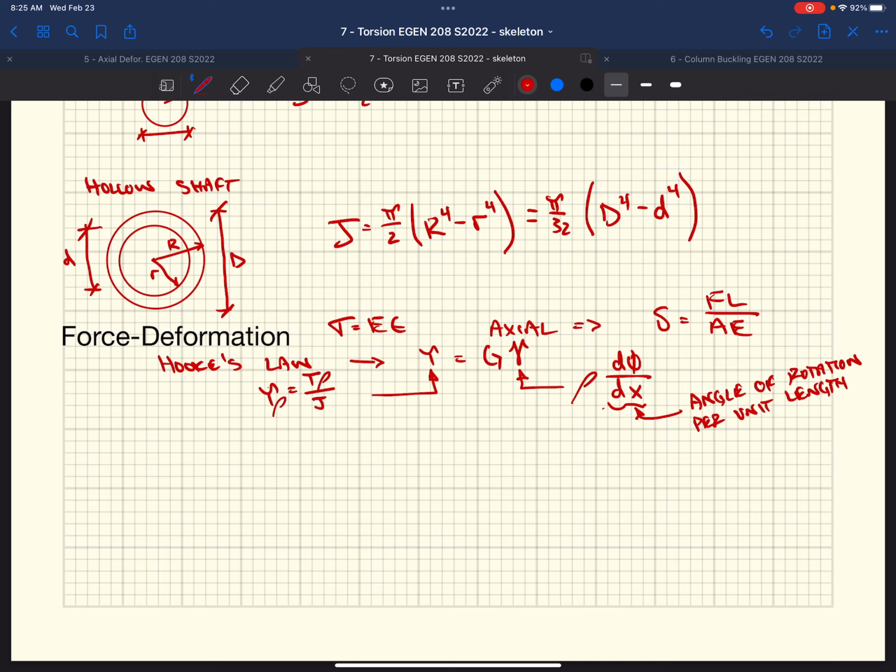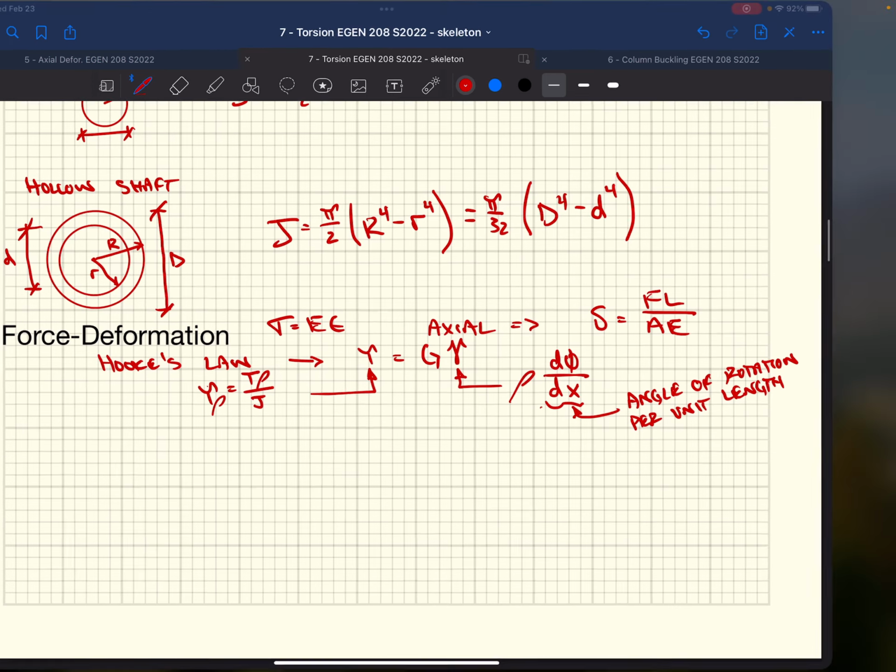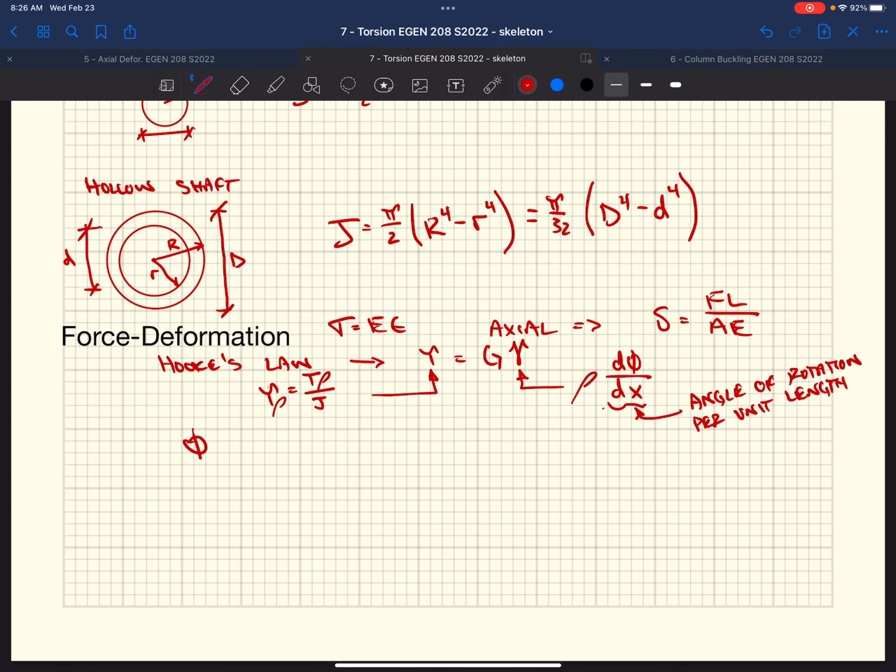Well, if we plug those things in and we integrate, which none of us like to do, we're going to say that our angle of rotation, phi, in radians equals the torque times the length divided by our shear modulus times the polar moment of inertia.